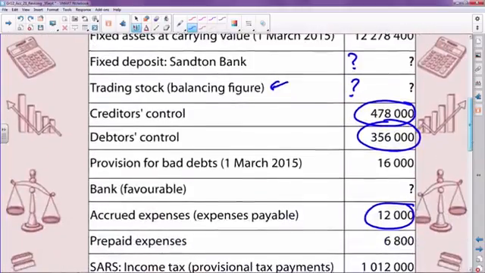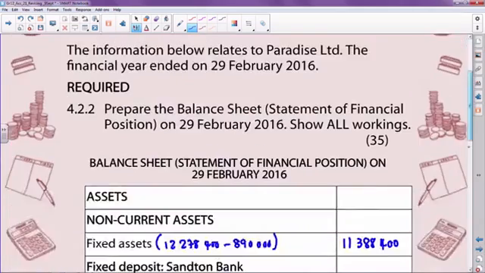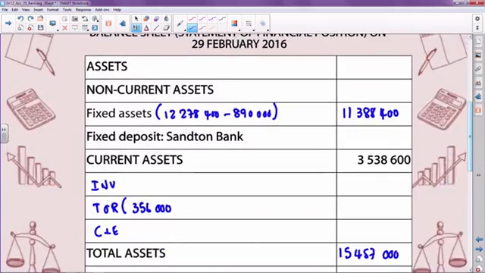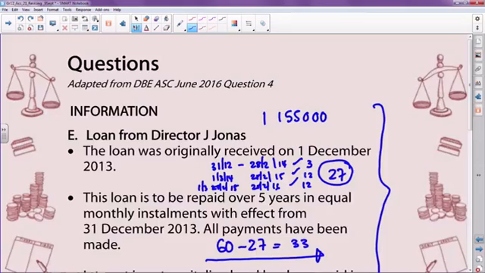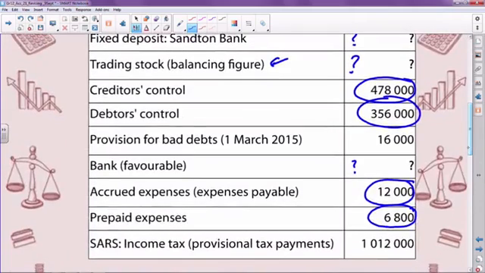They're telling me that bank is favorable. Again, a question mark. We'll get there. I've got prepaid expenses of 6,800. Okay, let me slot it in. Prepaid expenses would be part of my trade and other receivables, 6,800. Going back, I've got SARS income tax, but I've already dealt with it.